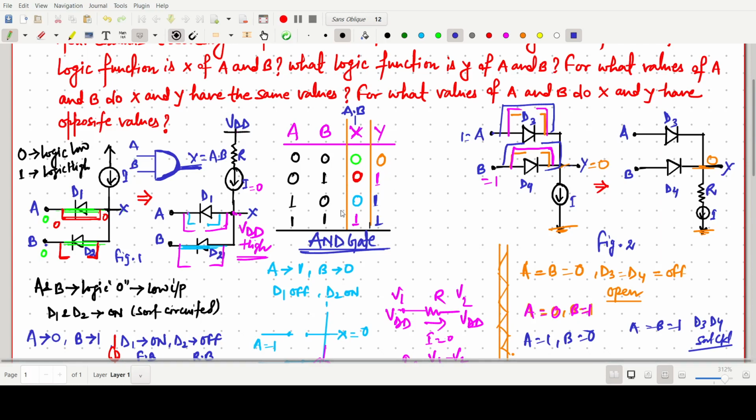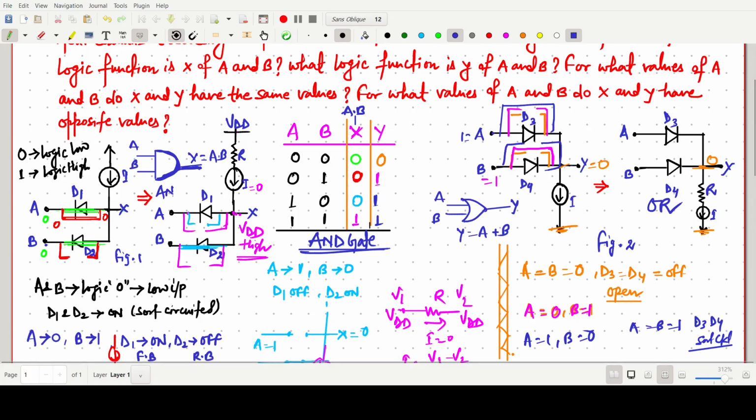So now this is nothing but simply our OR gate, with inputs A, B and this output Y. So Y equals A plus B. This kind of representation is our OR gate, and this one is our AND gate.